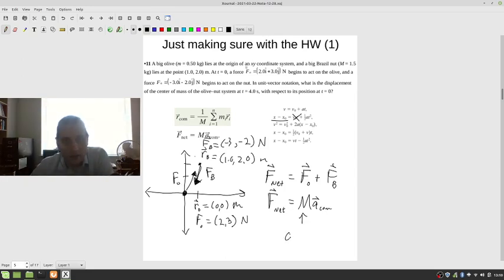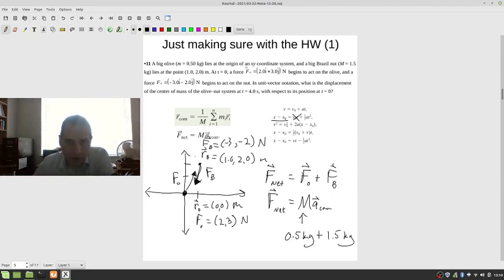So that's going to be 0.5 kilograms plus 1.5 kilograms. Okay, and so all you have to do in this problem is find out what that acceleration vector is. So F net is a vector because you're adding the x components, you're adding the y components. Then you divide the whole thing by the total mass. That gives you the acceleration of the center of mass.